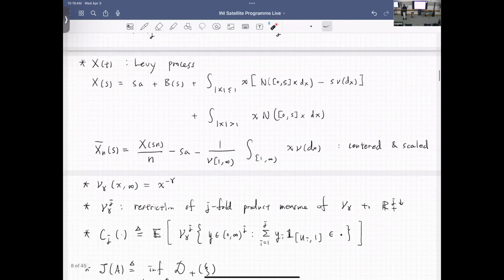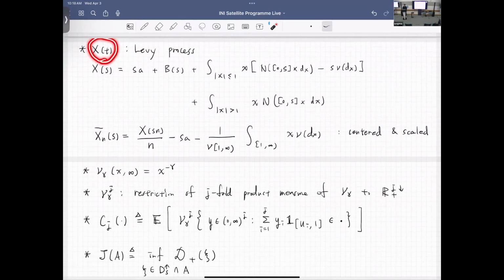Okay. Now we're going to do the LDP for the Levy process, because the way we obtained the LDP for the random walks was to first establish the LDP for the Levy process and then obtain the LDP for the random walks from that. Levy process can always be decomposed in this way, the Levy-Ito decomposition.